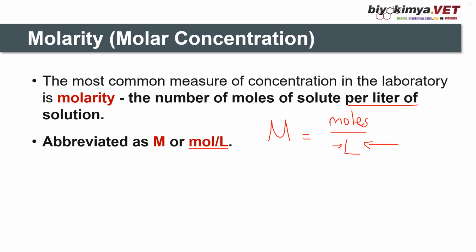So if we weigh 1 mole of a molecule or a substance, and using this mass, prepare 1 liter of solution, thus we will obtain a 1 molar concentration, or 1 mole per liter concentration.